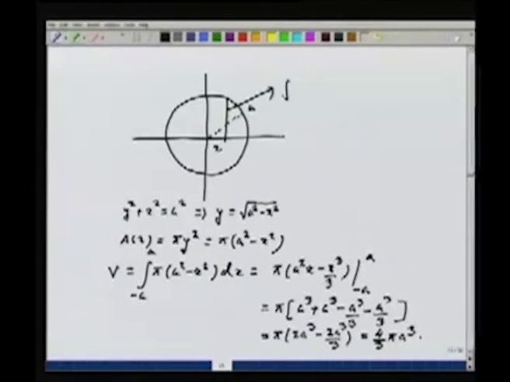Then the method of finding the volume of solids of revolution can be used. This is precisely what we have done. This height y actually is playing the role of f(x). Then this is actually my pi f(x) squared. And then I have integrated this with the variation of x. What I get is the volume of the sphere.